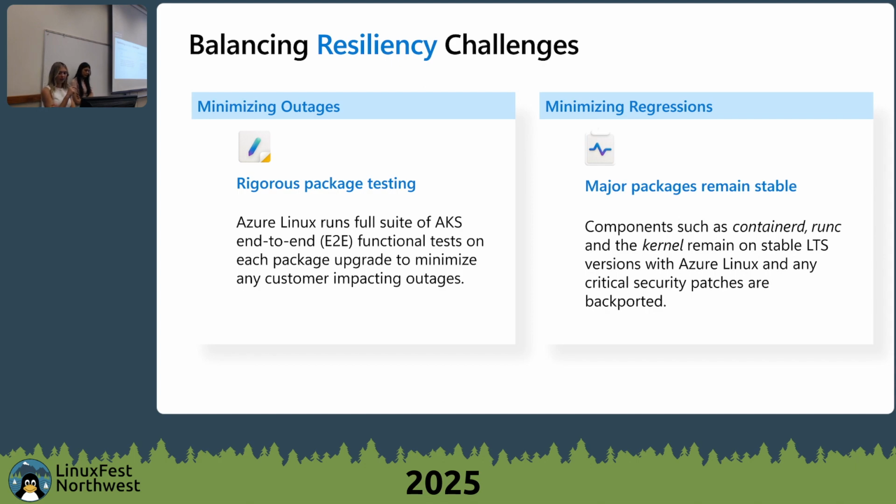Things like the kernel, runC, systemd are going to stay on stable versions. Instead, if those communities make critical security fixes in later versions, we would opt to backport those changes. So we've settled on this stable yet secure approach to minimize regressions, while still prioritizing patching for security reasons.